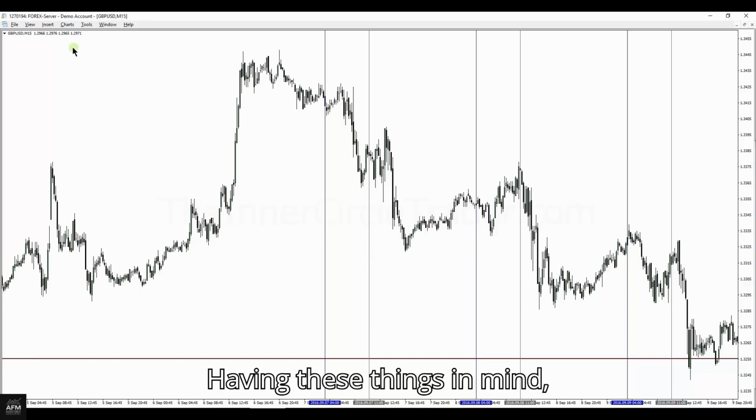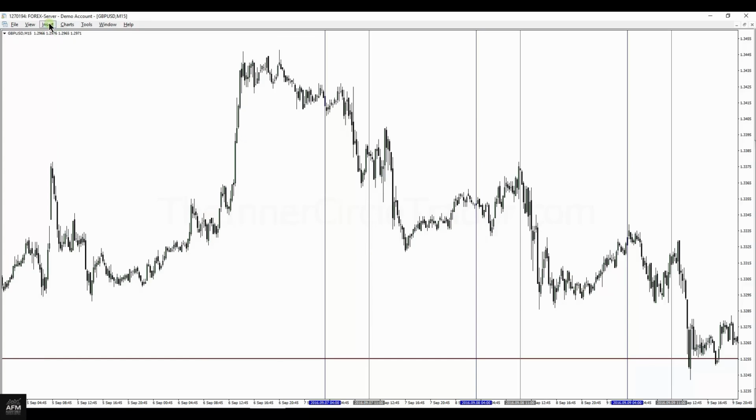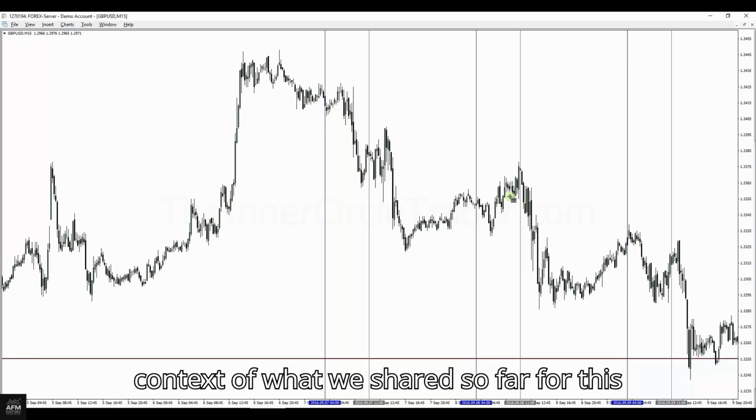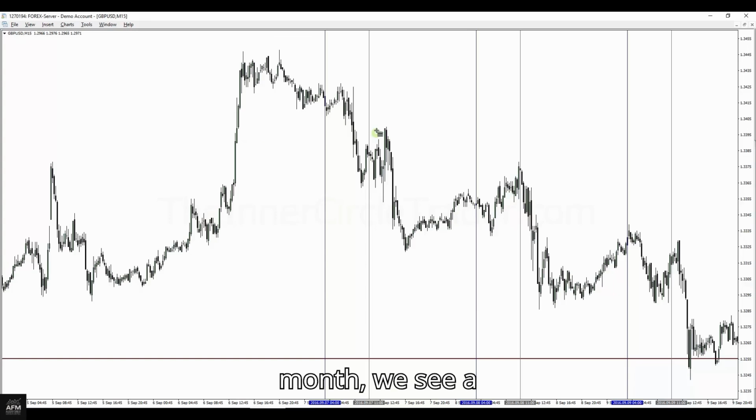Having these things in mind, we can look at the market in the context of what we shared so far for this month. We see a market move down from a market impulse price swing.